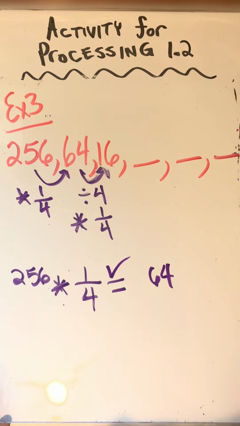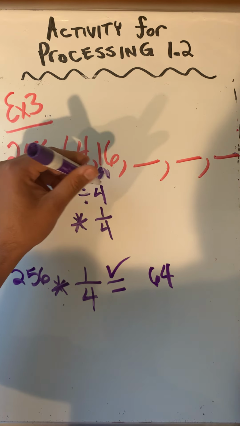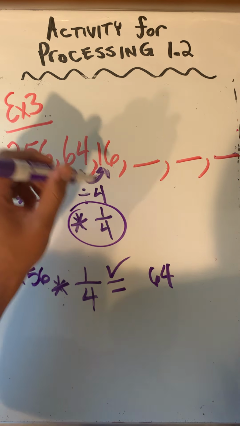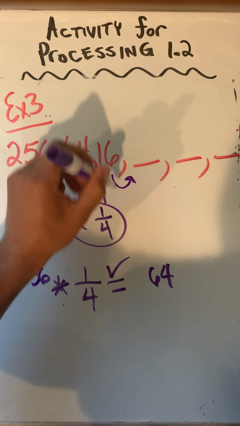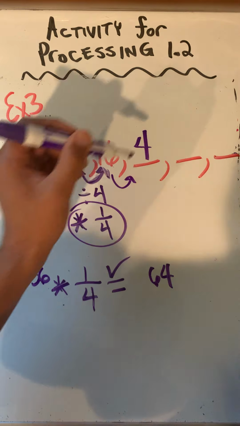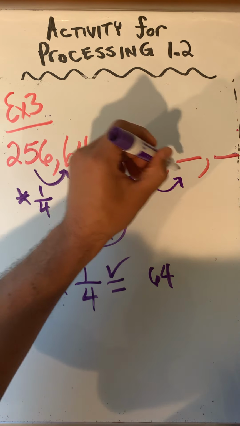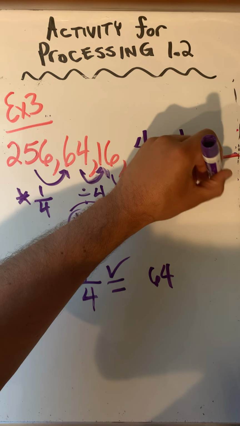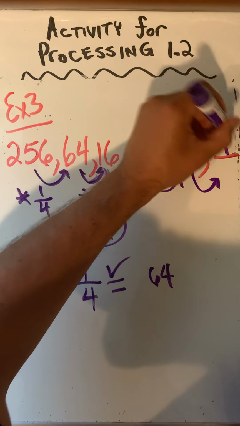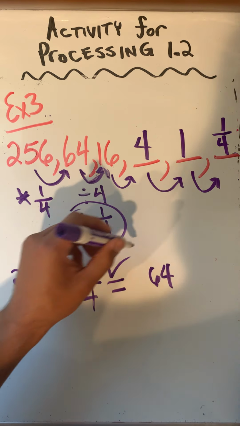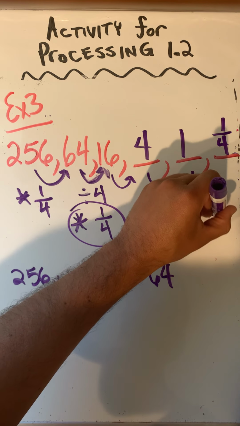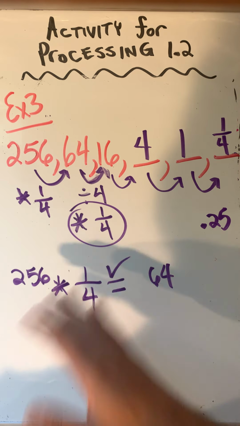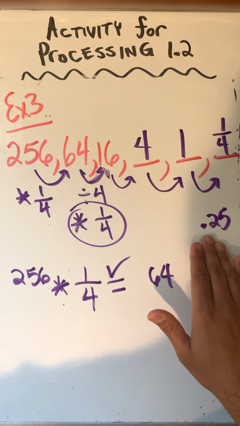And it does. Okay, so I can continue this process of multiplying by a growth factor of 1/4. 16 times 1/4 is 4. 4 times 1/4 is 1. And 1 times 1/4 is 1/4. Or if you were using the decimal 0.25, that last answer would be 0.25. Okay, so your growth factor could have been 1/4, which I prefer, or 0.25, which is also okay.